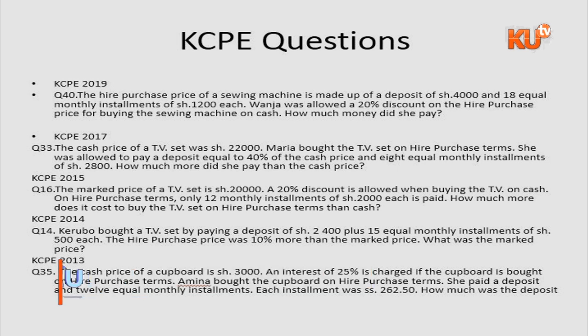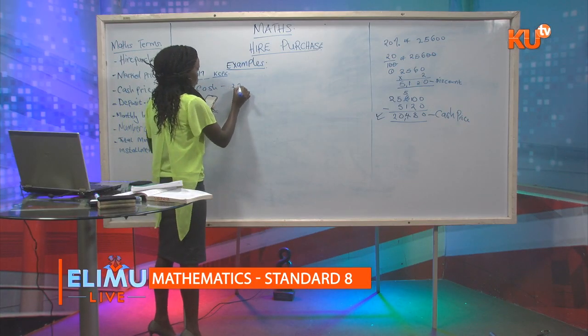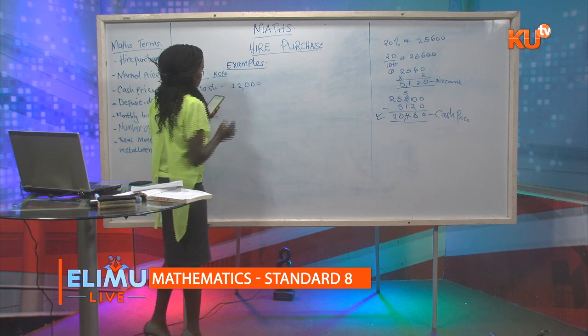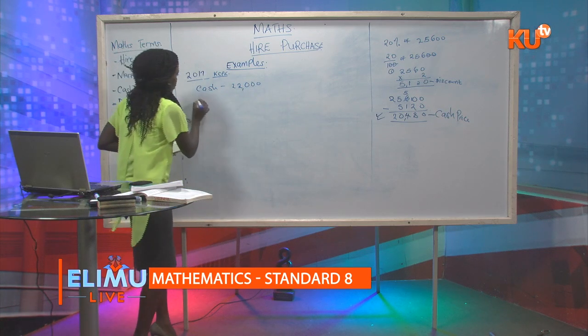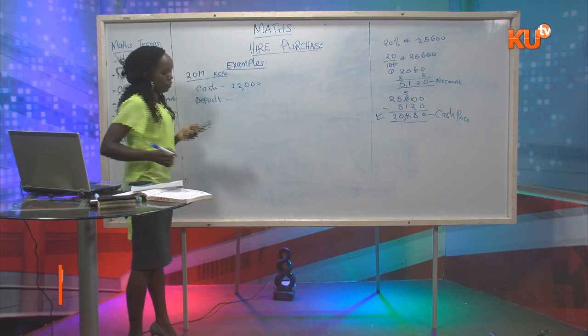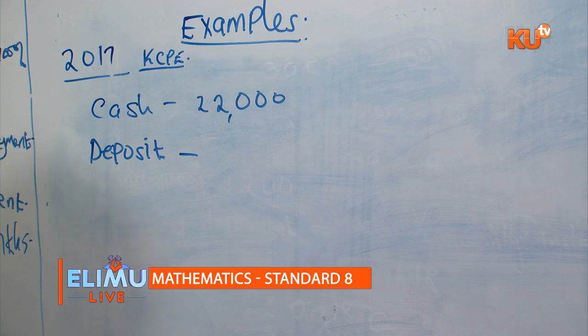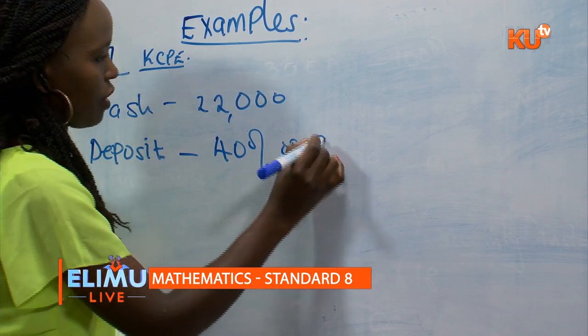Very good. So the cash price was 22,000 shillings. Maria bought it on hire purchase. She was allowed to pay a deposit equal to 40% of the cash price.